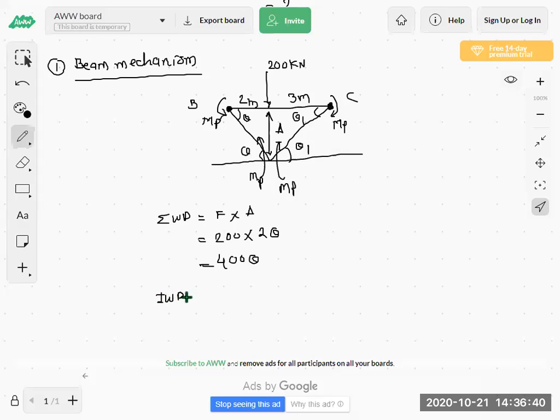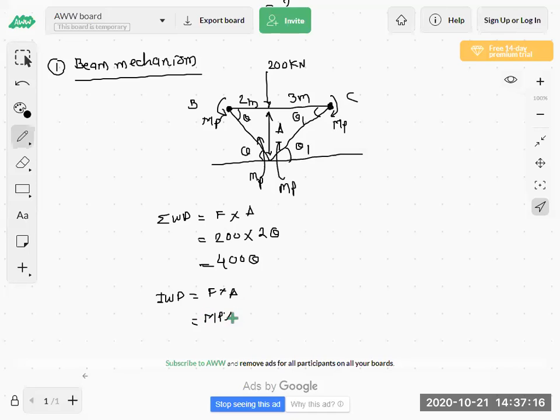So now calculate internal work done. Internal work done is again force into displacement. Due to this external force, the internal force is generated in terms of moments. So how many moments are here? There are 4 moments.